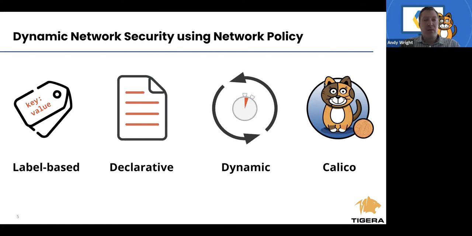So what's different around network policy and Project Calico is that rather than being focused on IP addresses, we're actually focused on labels. So for any pod, you can apply a label such as role equals front end for a front end service, and you could create another label for another pod with role equals back end, and then you could say, hey, front end is allowed to talk to back end.